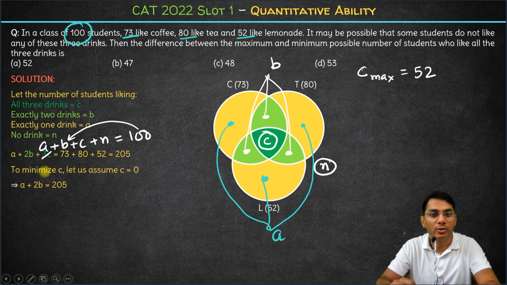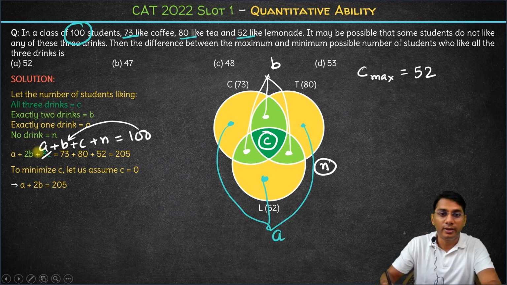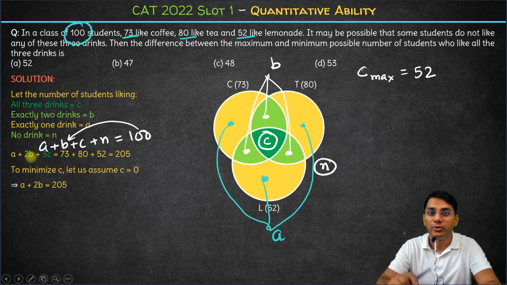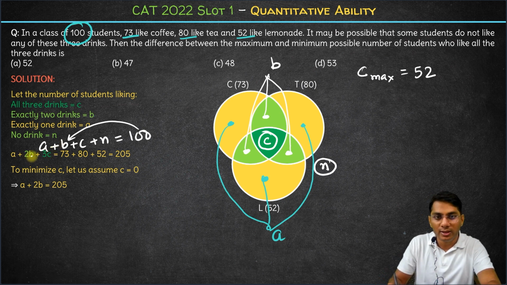So C will not be equal to 0. C will have some value. If we assume C to be 0, the sum will be maximum 200. It cannot be more than 200 if you assume B to be 100.